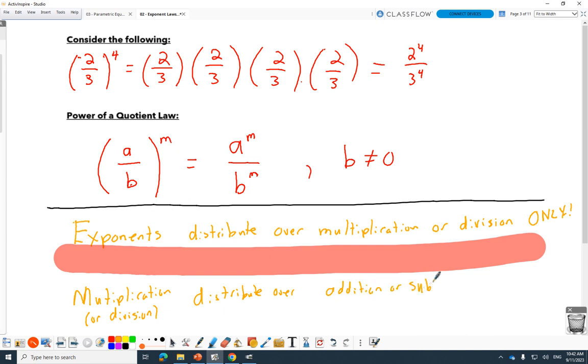That's the other distribution we did. And if you're right with me, you're like, oh, that's why we distribute when it's addition, but we don't distribute when it's using multiplication or division. But with exponents, it's the other way around. With exponents, you can do it with multiplication and division, but you can't do it with addition and subtraction. Some examples coming to see that.